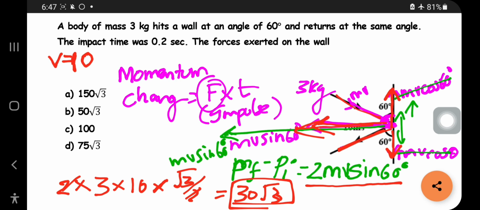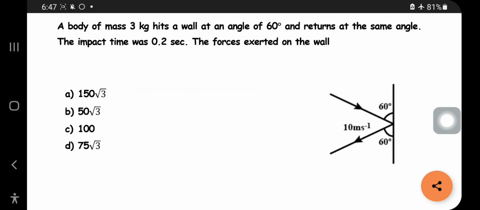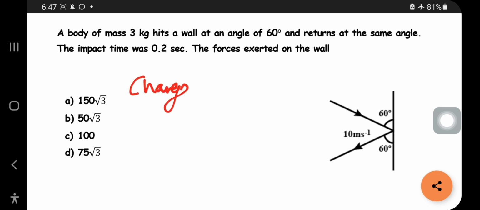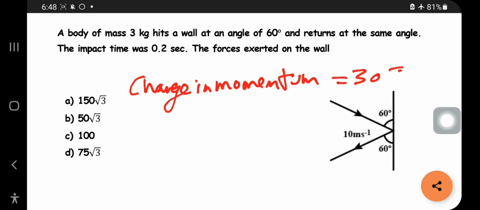So this is the change in momentum. We should use the time to find the force. So I will rub everything and show you. The change in momentum is given by 30 root 3.